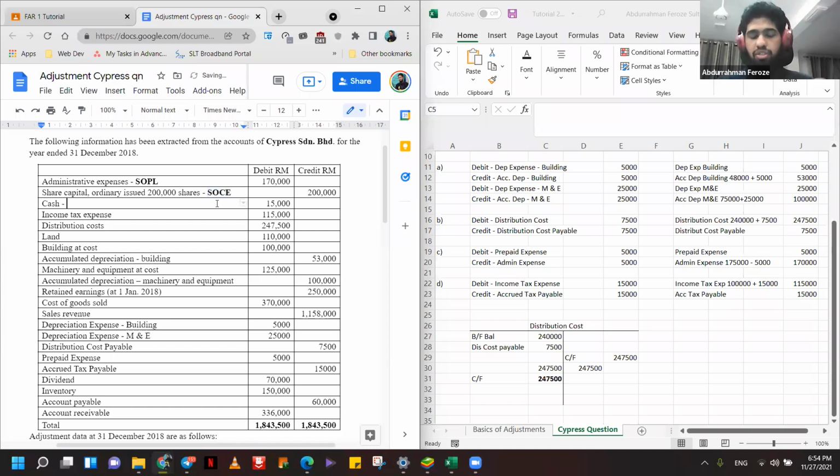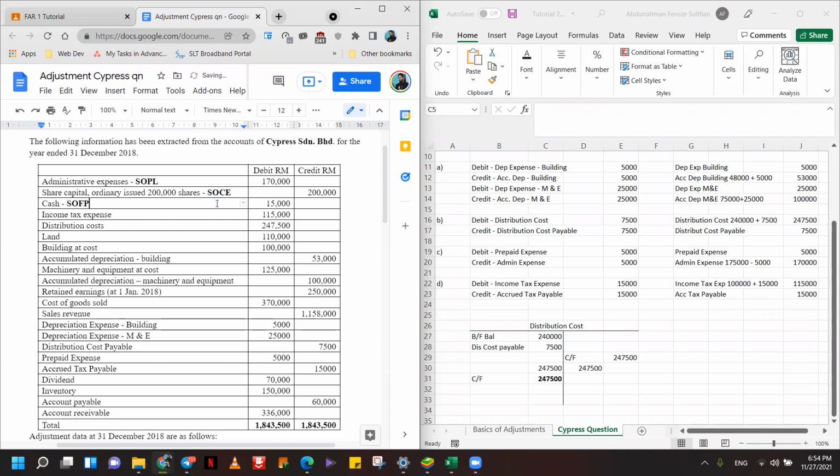So the cash, which financial statement would cash go into? SOFP. All right. And the income tax expense, which one would that go into? SOPL. Okay.